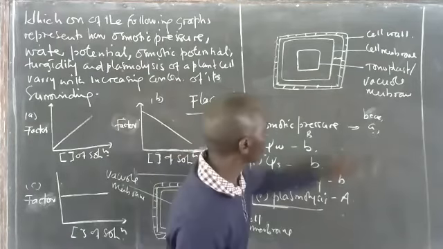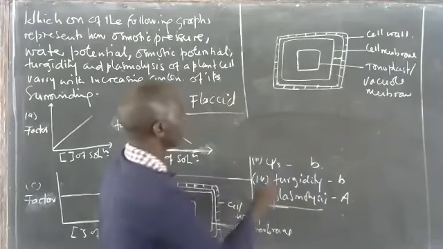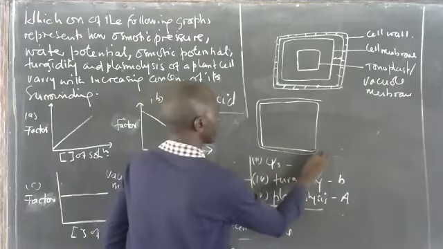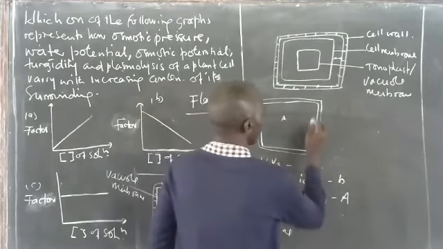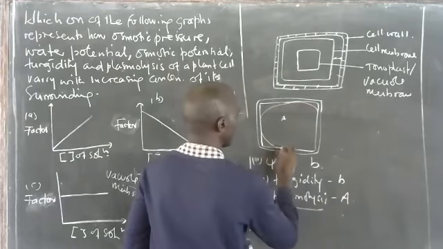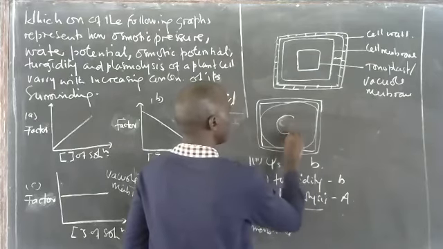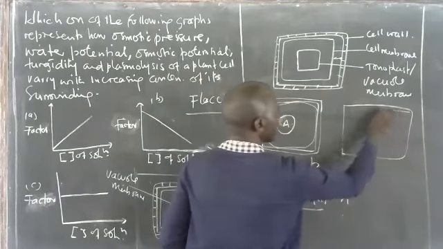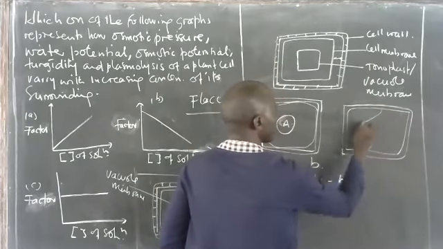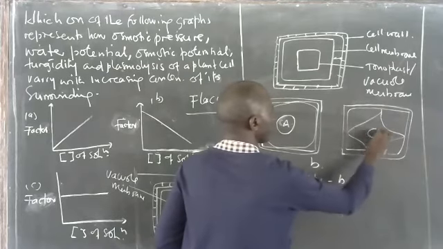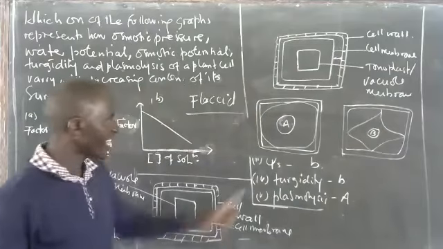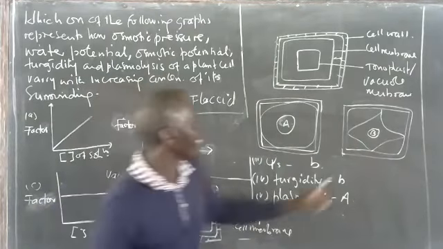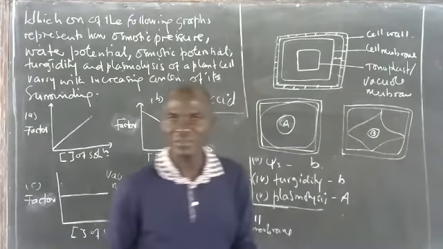So for example, if I have two cells here, cell A, let's say it's like this, and then this is B. Cell A is less plasmolyzed than cell B. So the bigger the gap between the membrane and the wall, the more the plasmolysis.